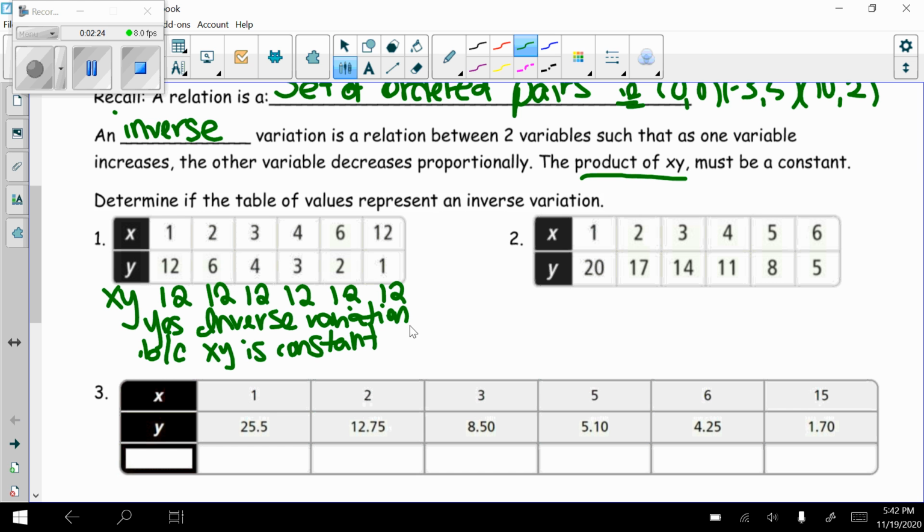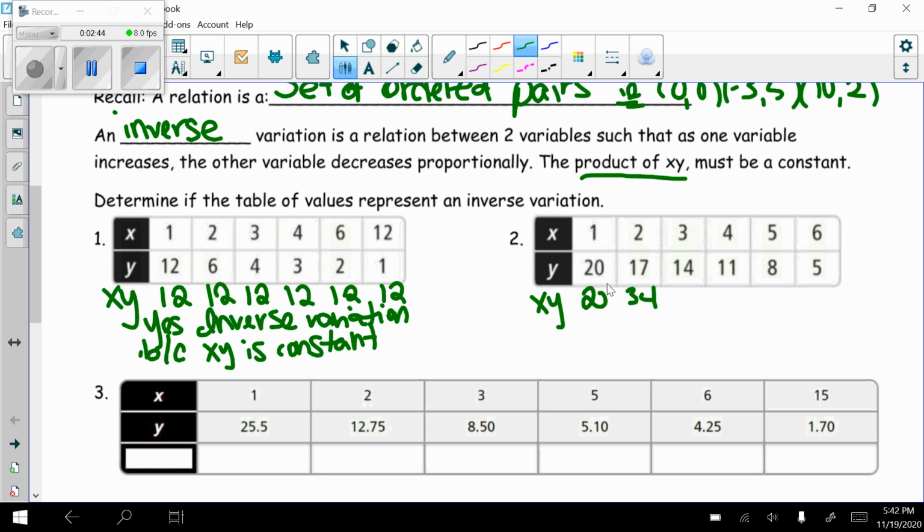So number 2, look at the product of x times y. 1 times 20 is 20. 2 times 17 is 34. Right now, I see that I do not get the exact same constant, so I could stop. I don't even have to continue on. Right?